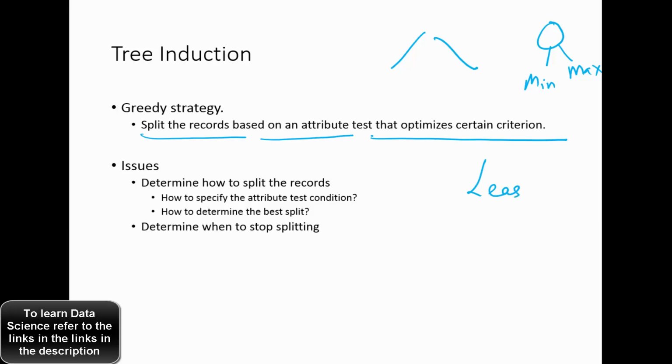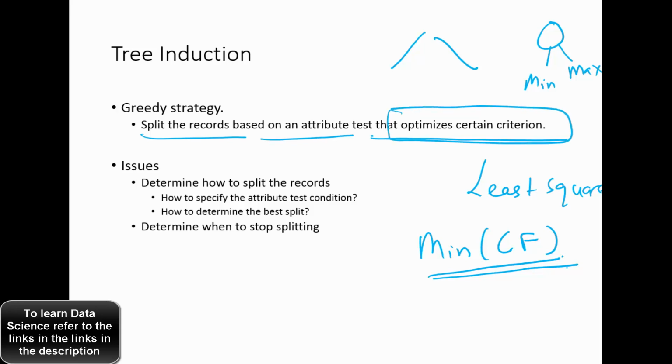If you are familiar with the least squares regression model, you might have seen the minimization of a cost function. So a decision tree also takes care of the minimization of some sort of cost function. So the splitting will happen in such a way that this cost function is optimized, it is minimized.